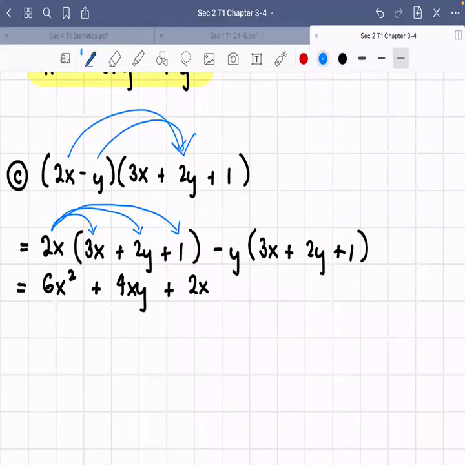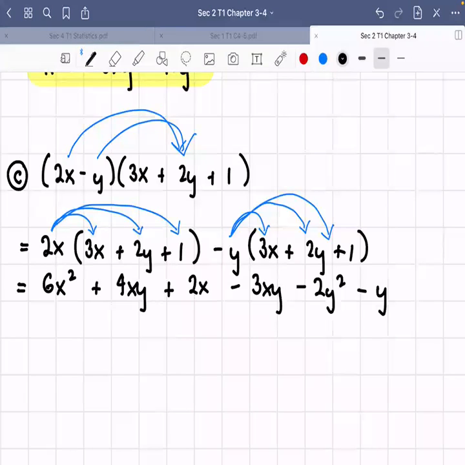Negative y times 3x gives me negative 3xy, and then negative y times positive 2y gives me a negative 2y squared, and negative y times a positive 1 will give me a negative y. Oh, it's long. So how do we combine like terms now? Do we have similar terms?